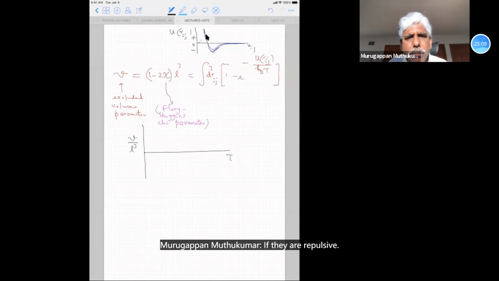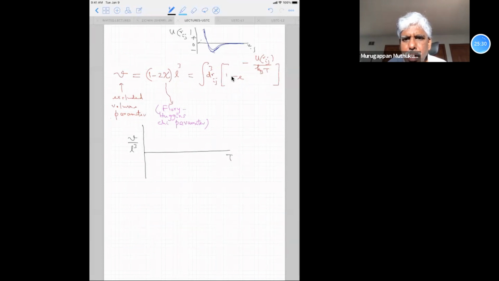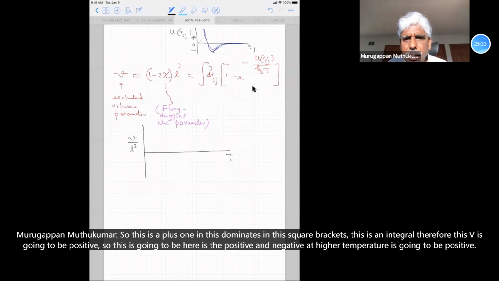Then minus U is a large negative number, and e to the minus a large number goes down to 0. Therefore the first term in the square brackets, which is plus 1, dominates over the second term. This is an integral, therefore V is going to be positive. So at a higher temperature, it's going to be positive.